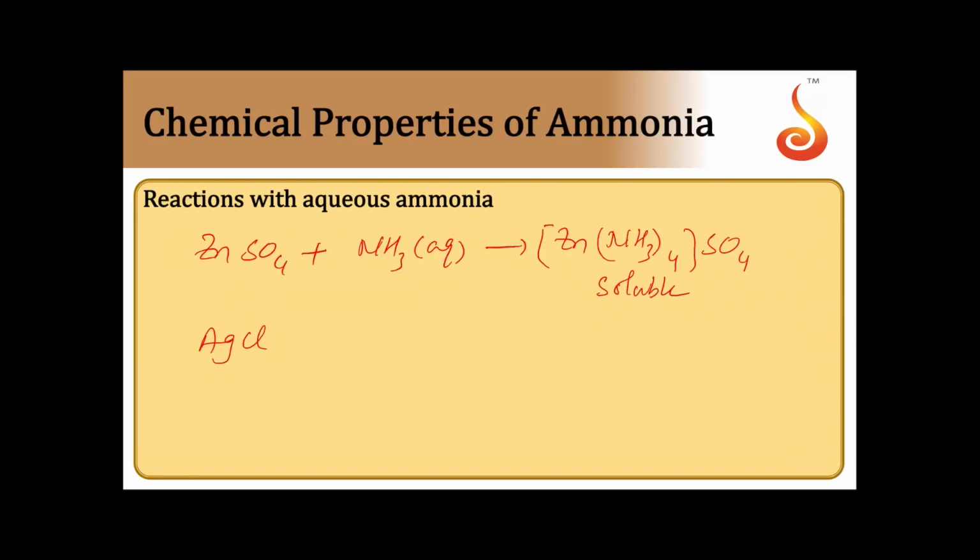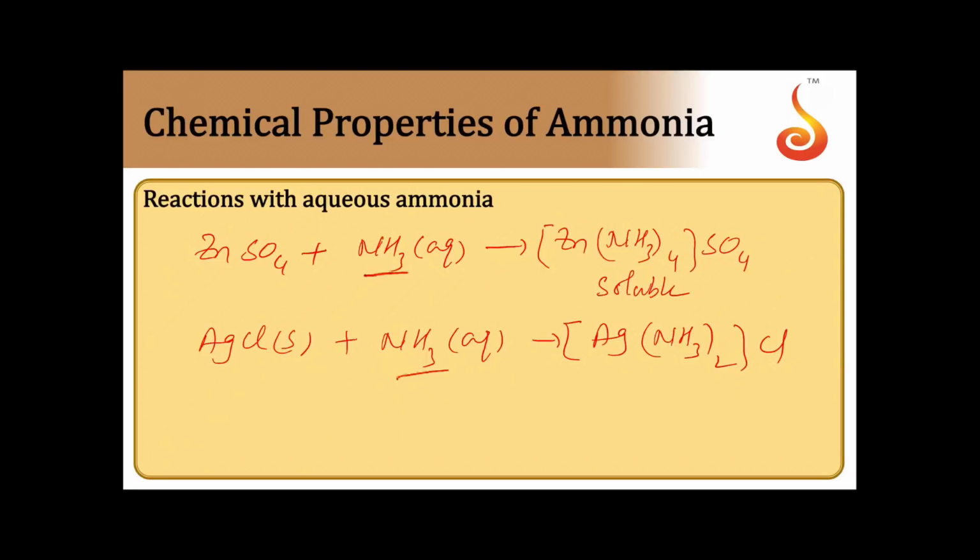Now AgCl is a precipitate, a solid. When you take aqueous ammonia, this also dissolves due to formation of a complex. Silver diamine complex formation takes place. So in some cases, when you use excess ammonia, the precipitate formed will be soluble.